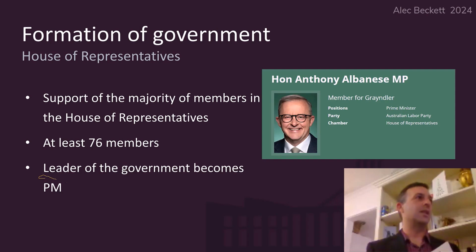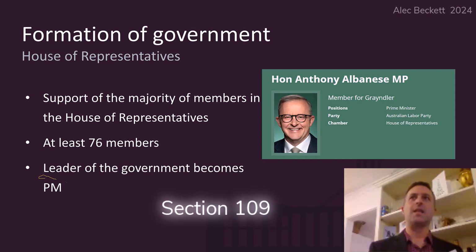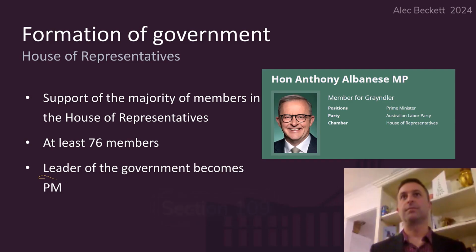Anything not mentioned in here can remain with the states. And then there is a bit in here that also says if there is a conflict, because you can have concurrent powers, but if there's a conflict between the two, then the federal level takes over.